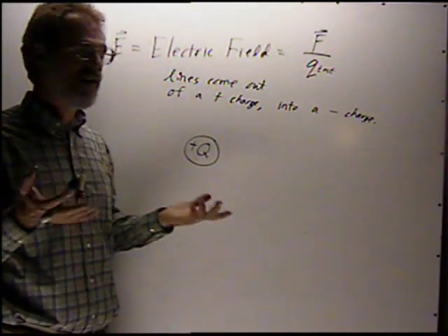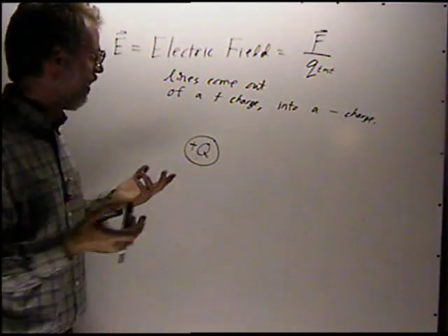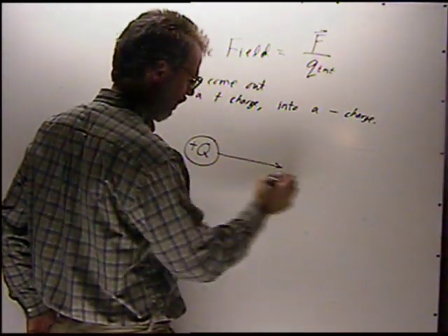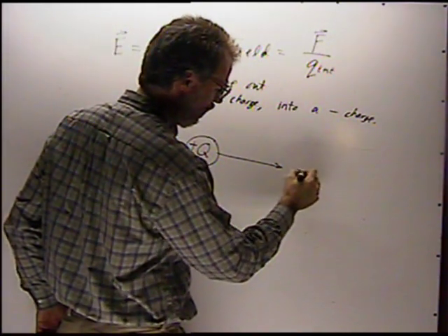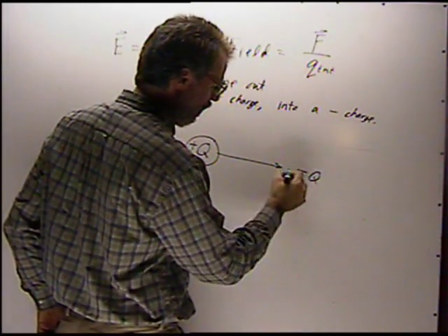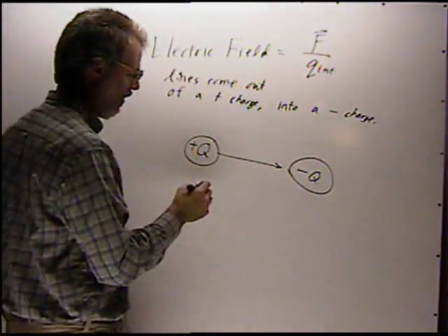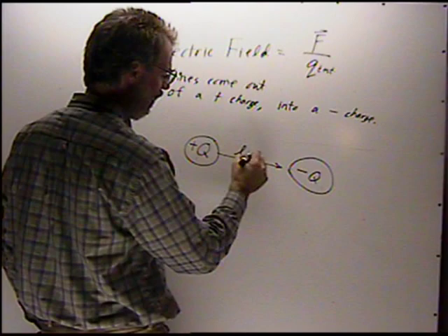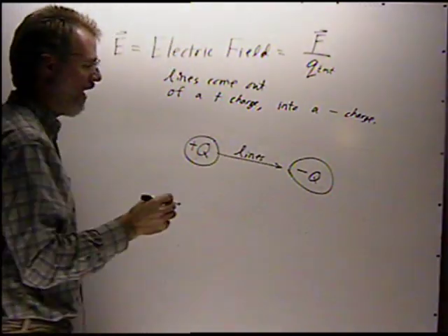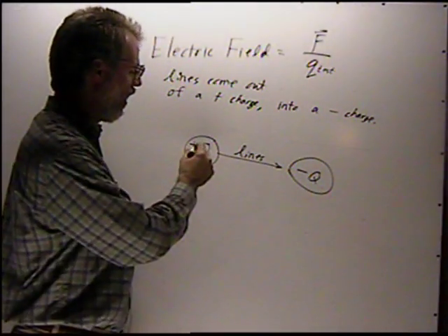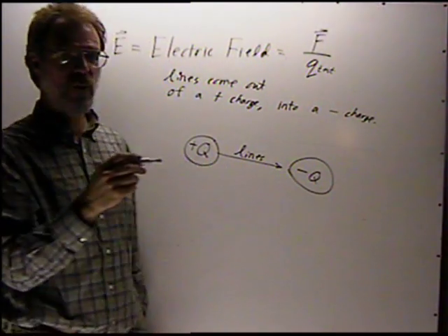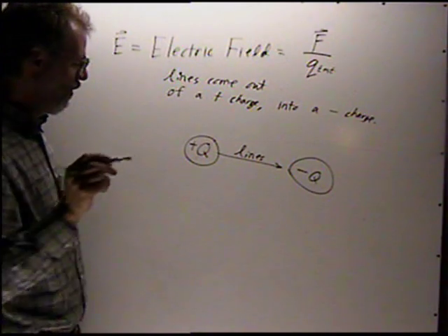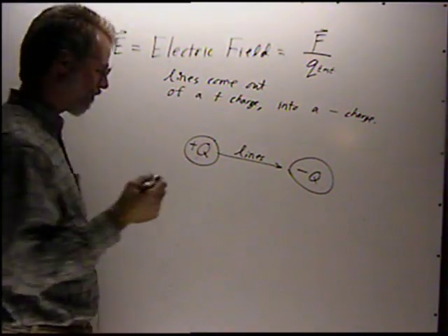The convention they came up with was that the electric field lines come out of a plus charge, and if there were a negative charge here, they would go into the negative charge. So the electric field lines are lines of where the actual force field goes. We'll describe it as we go along.